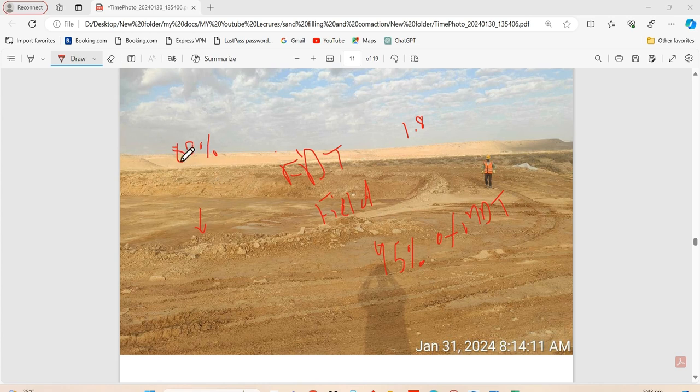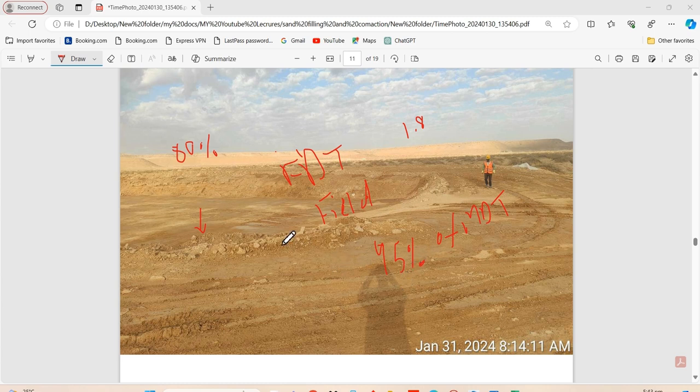This test value should be 95% or more as per the requirements of this project. So our value was around 80%. Why am I telling you this? Because I have to tell you why we did the sand filling. Our value was around 80% of MDT, maximum dry density. It should be 95%, but it was around 80%.